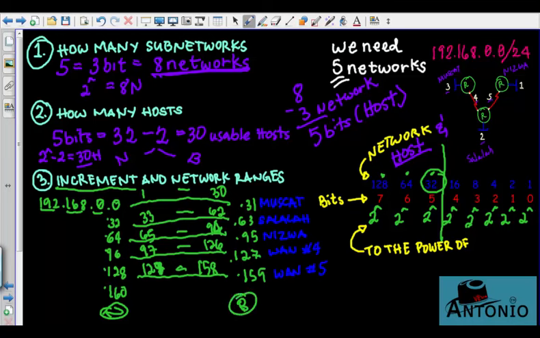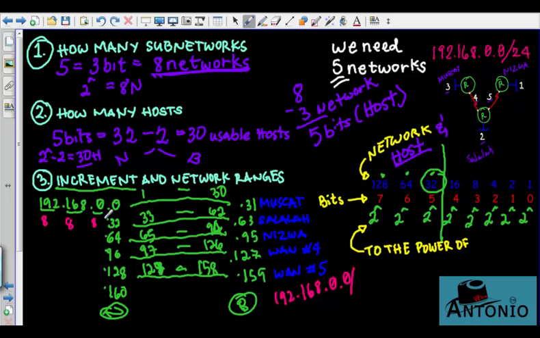So the new subnet mask would be 192.168.0.0 slash what? Because this is 8, 16, 24. That is the original subnet mask, the default subnet mask for a class C IP address. Remember, this is a class C IP address, but we subnet this one particular IP address into multiple networks. Then we have a new subnet mask.